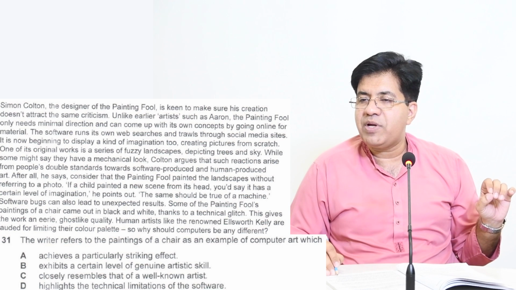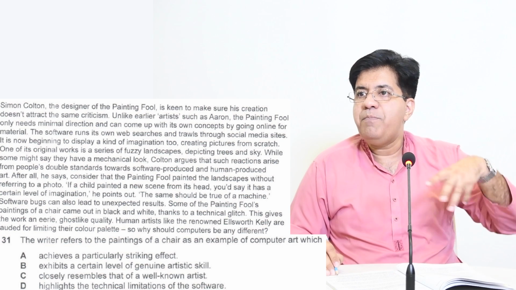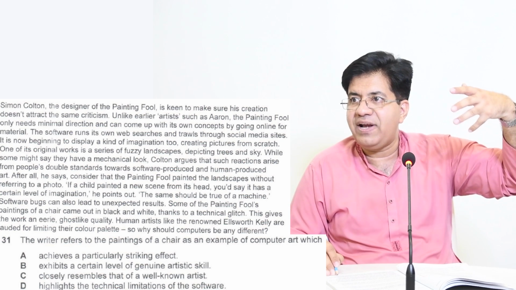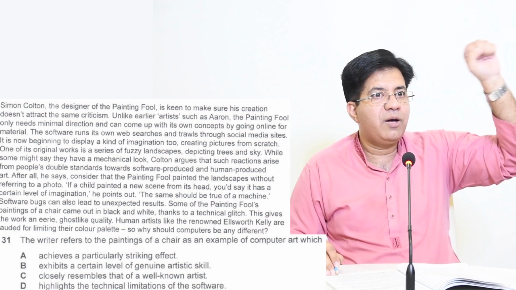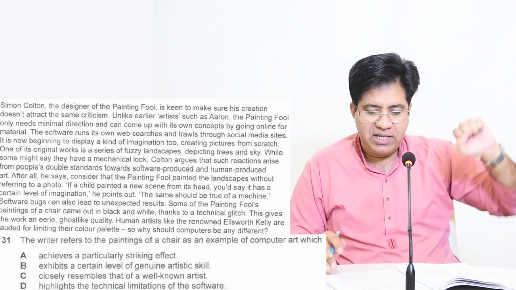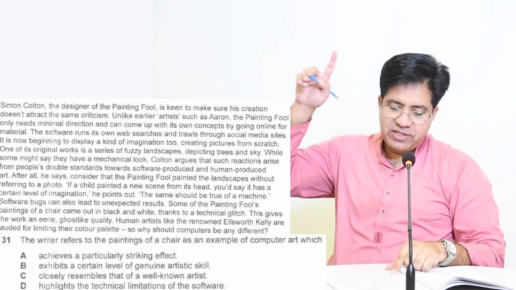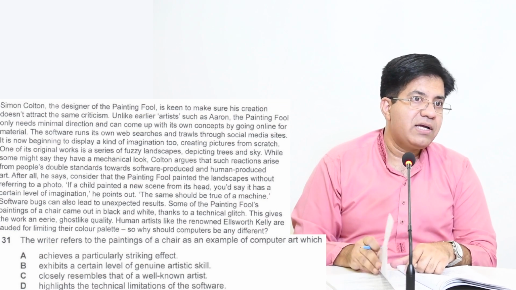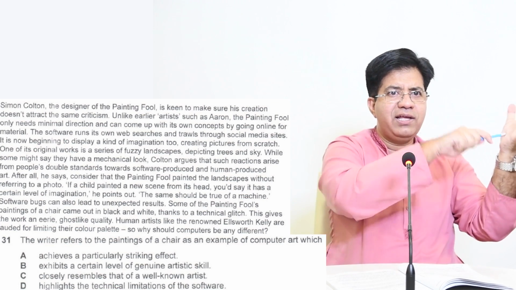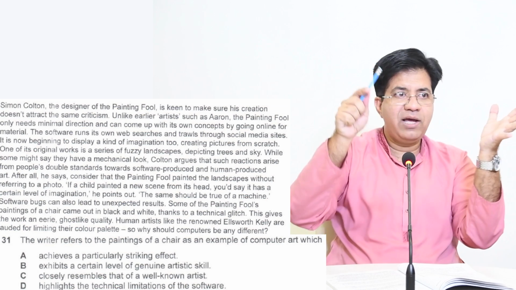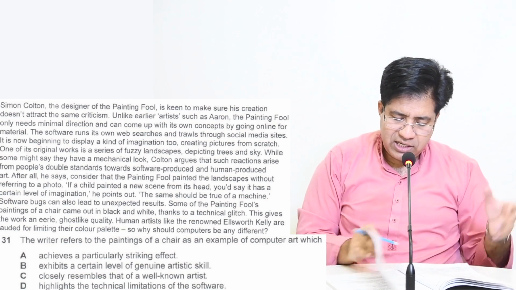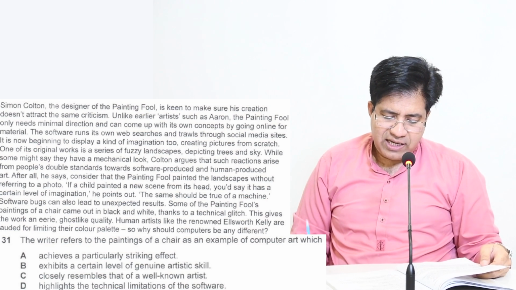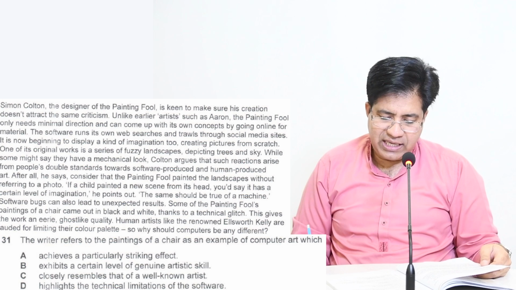When computer, because of a technical glitch, made the painting of a chair differently. So they said why computers should not do it when humans are doing that. So focus on this thing, limiting their color palette. Color palette is the palette they are holding, a palette full of colors and all that. So for that they said achieves a particularly striking effect.